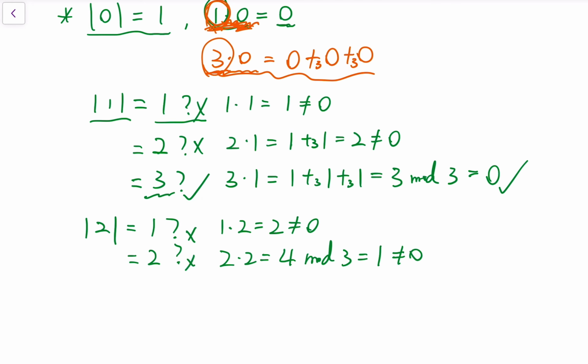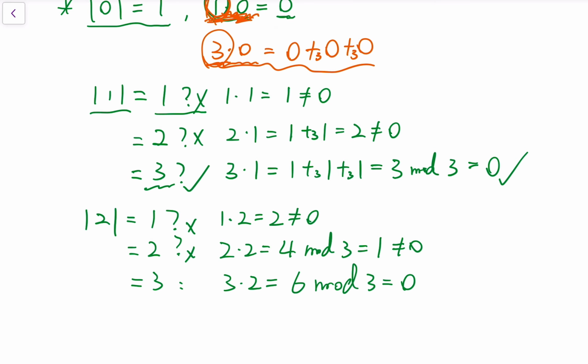So 1 and 2 are both not the order of 2. And 3 means 3 times 2 equals 6 mod 3 equals 0, because 6 divided by 3 equals 2, and the remainder is 0. So here we satisfy the property, and 3 is the order of 2.